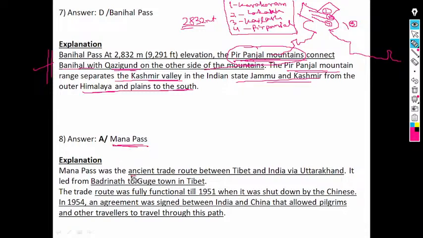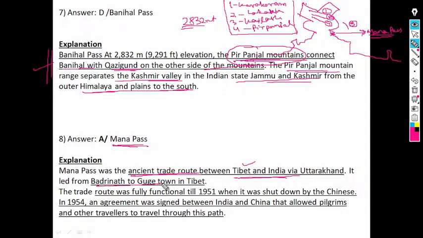Manna Pass was the ancient trade route between Tibet and India via Uttarakhand.